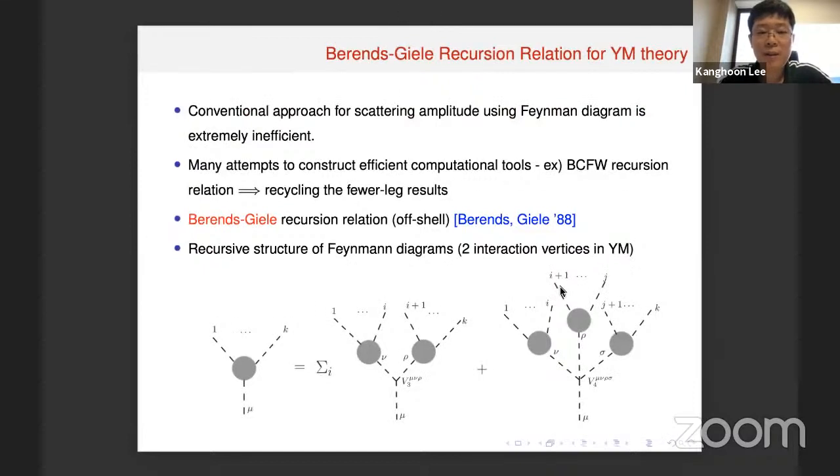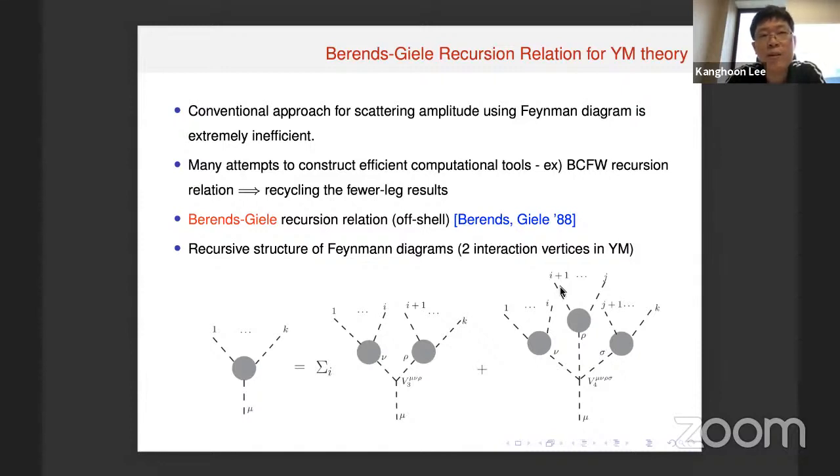So let me explain what the Valence-Gillet recursion relation is. It starts from Yang-Mills theory. We know that computing scattering amplitudes using the conventional method with Feynman diagrams or Feynman rules is very tedious and involves a lot of computation.